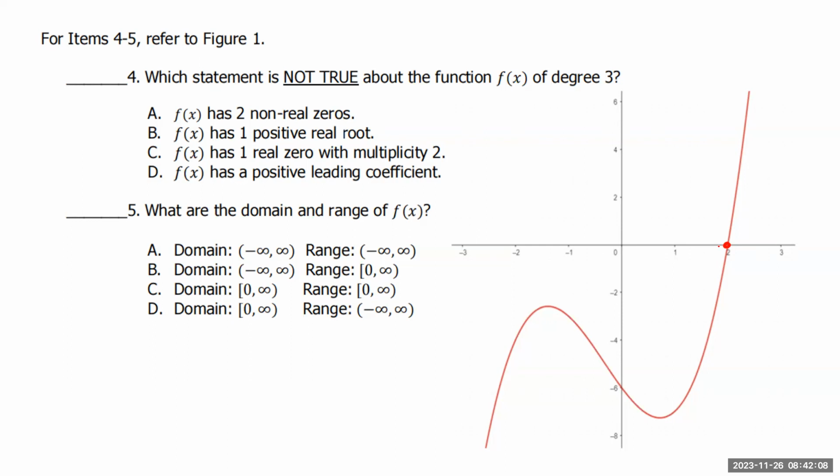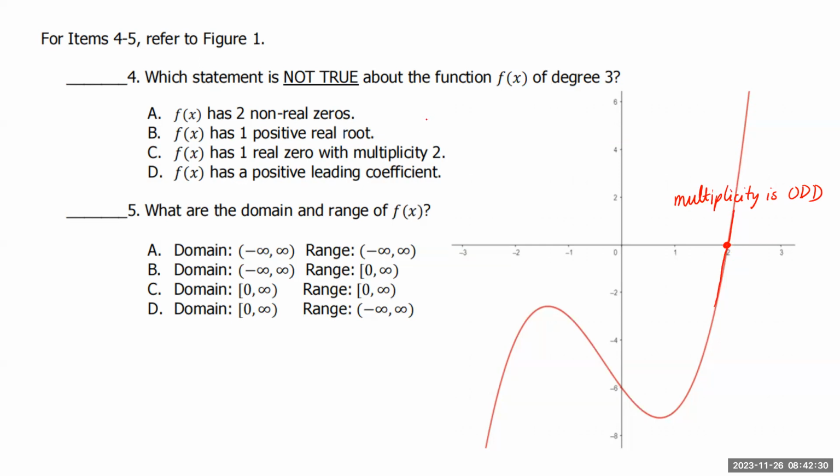And if we look at the multiplicity of this, it should be an odd multiplicity, since the graph passes through and crosses the x-axis at x equals 2.